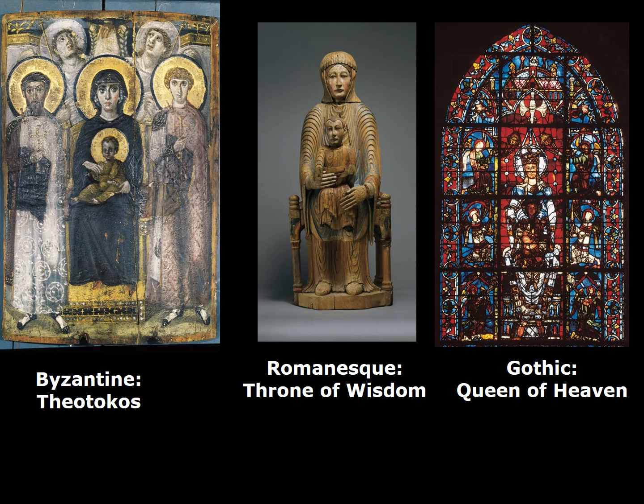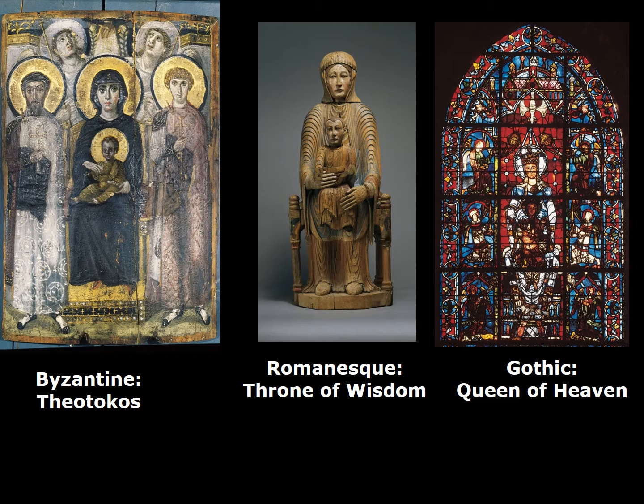I want to just give you this just to see what's coming up. I mentioned in the Byzantine that Mary's role as Theotokos is quite often emphasized, right? The bearer of God, she who bore God. In the Romanesque, we will see her role as a throne of wisdom because Jesus symbolizes wisdom and she is his throne.